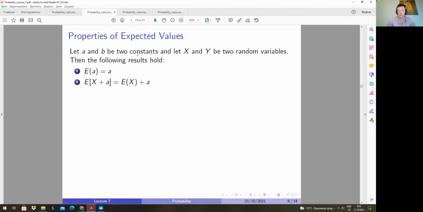So now expectation of a random variable plus a constant. What's that? It's the expectation of the random variable plus this constant separately. So I don't give you proofs of this, but these proofs are kind of simple.